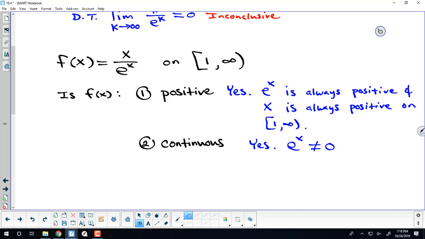And finally, is that function decreasing on 1 to infinity? So is there a quick way to tell that?